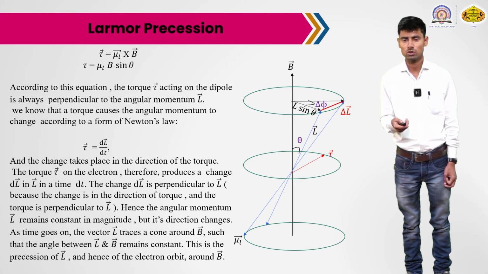So you will get τ equals μL B sin θ. This is the torque experienced by the magnetic dipole moment μL.